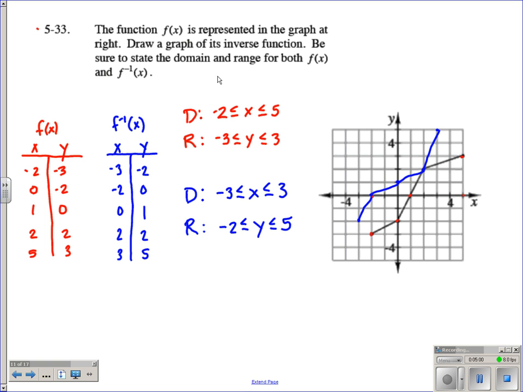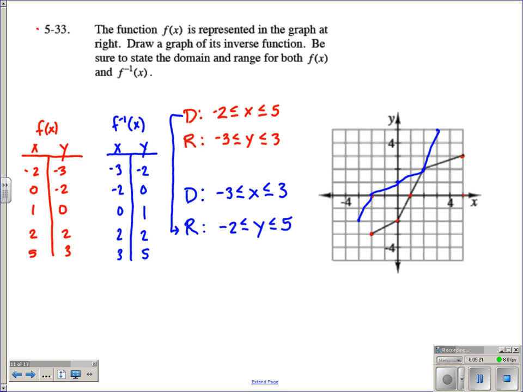Now, something to look at on these is, remember, we're switching our x's and y's. So the span of x's that we have for our domain in the first function go from -2 to 5. But for our inverse, this domain ends up becoming our y values.